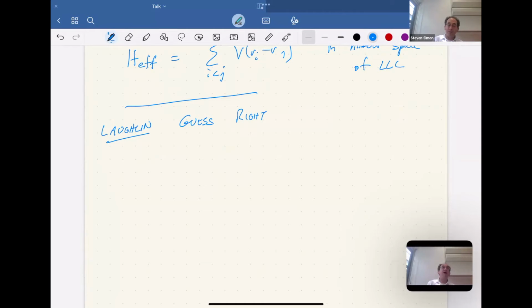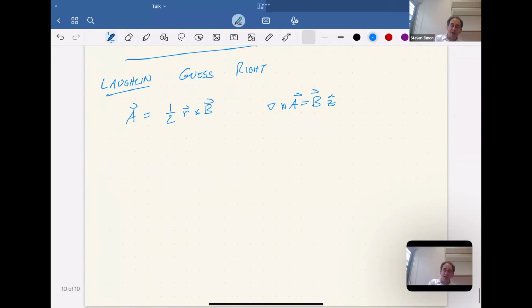So the first thing we're going to do is use a symmetric gauge. We're going to choose a particular gauge, A equals 1/2 R cross B. And that's really nice, and you can just check that del cross A is B in the z hat direction, where R is in the plane.